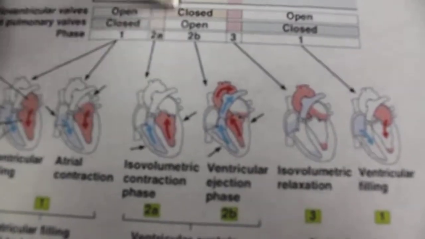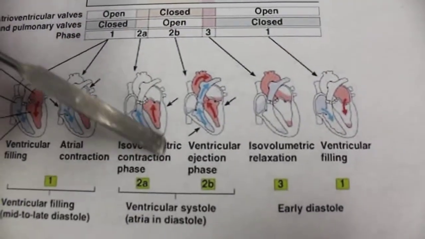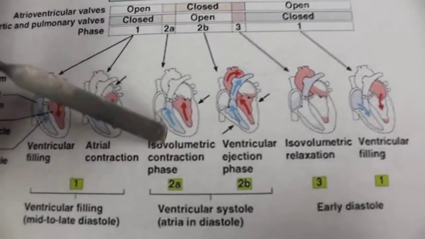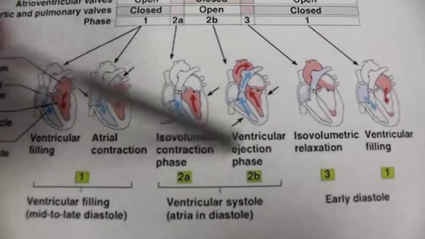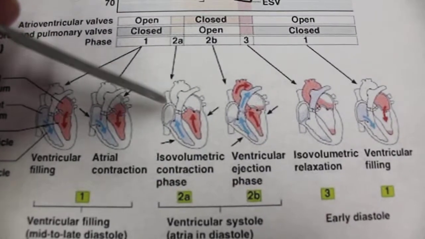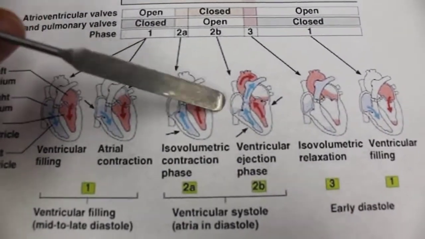Then, this is ventricular filling phase, by the way, mid to late diastole. Then we have the ventricular systole. Phase 2A is isovolumetric contraction. Then we have ventricular ejection.